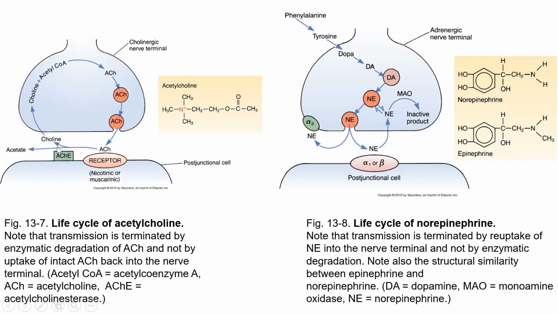That is the life cycle of acetylcholine. We can apply the same principle of synthesis, release, binding or activation, and then degradation or termination to the life cycle of norepinephrine.